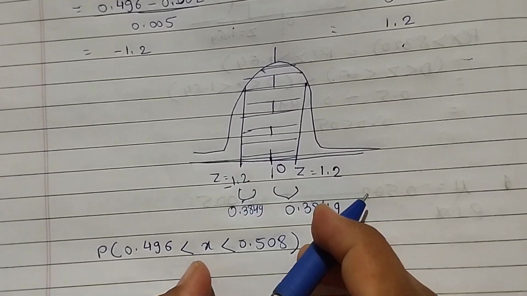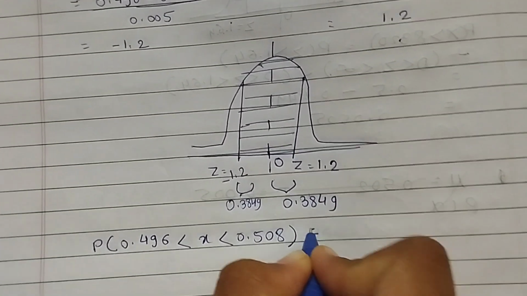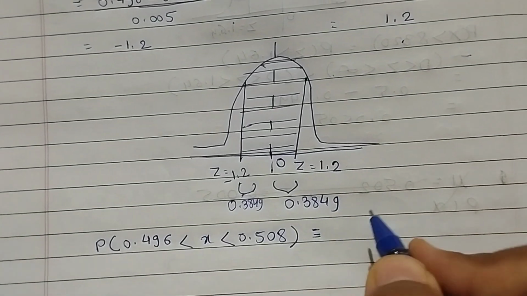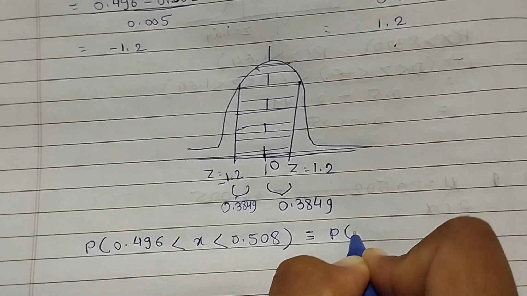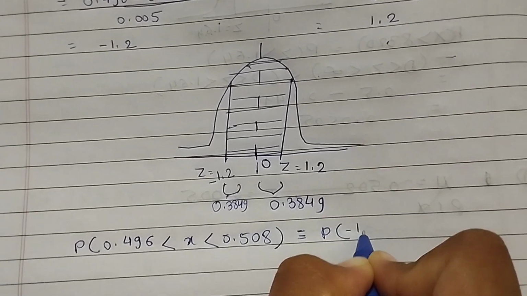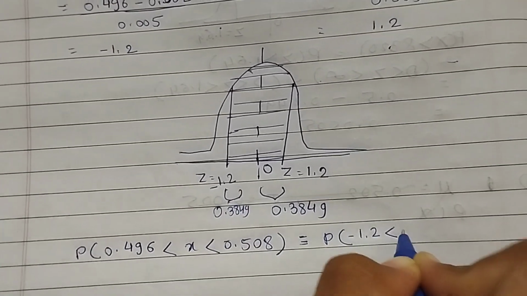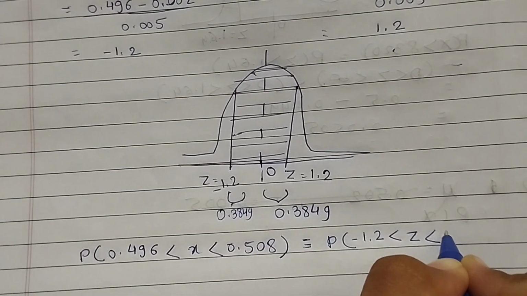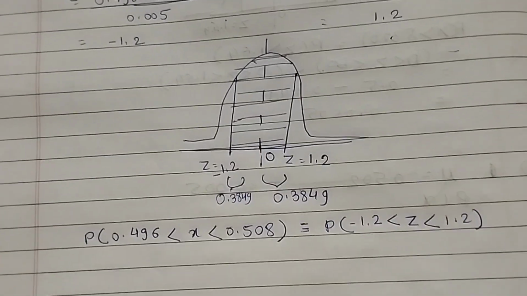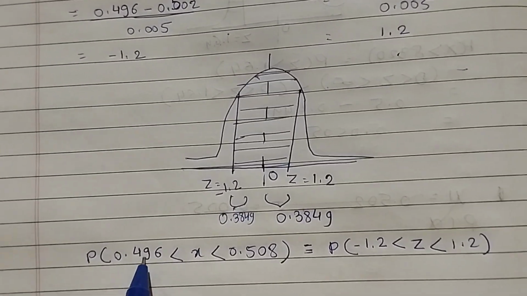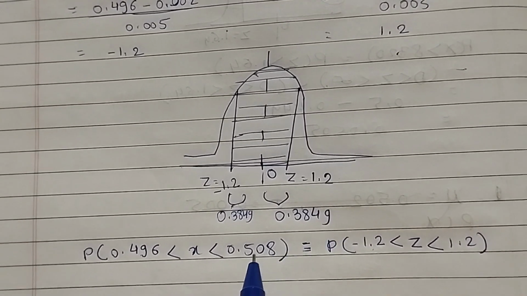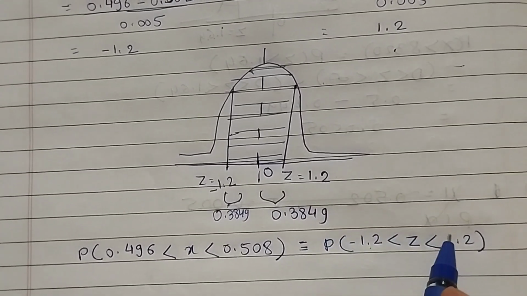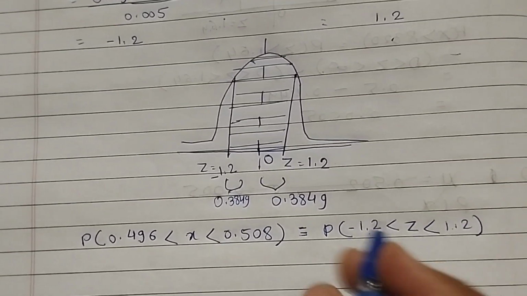This is the question. If we write this in z form, then we write P(-1.2 < z < 1.2), because for x1 we get z equal to minus 1.2, and for x2 we get z equal to 1.2.